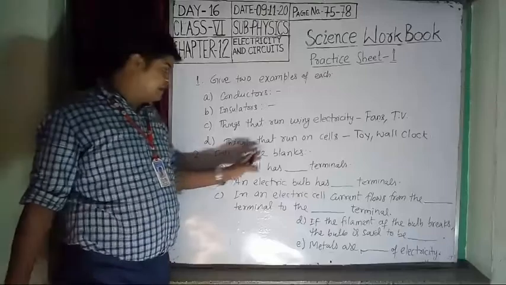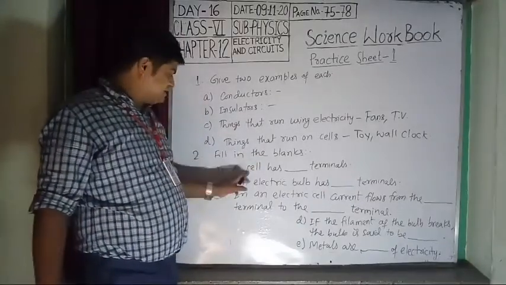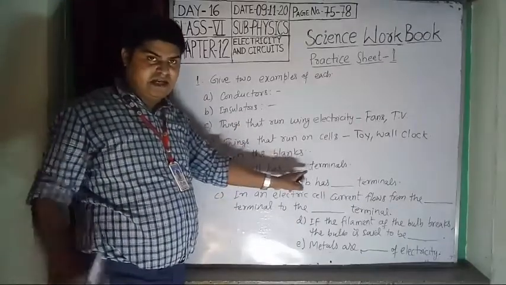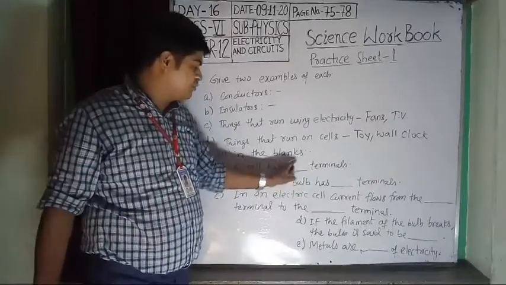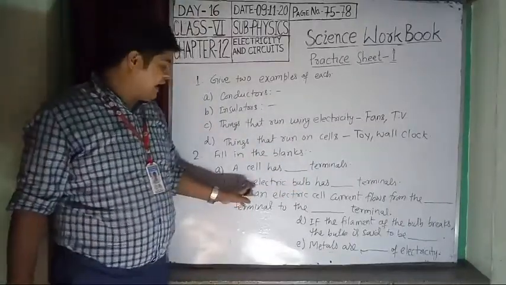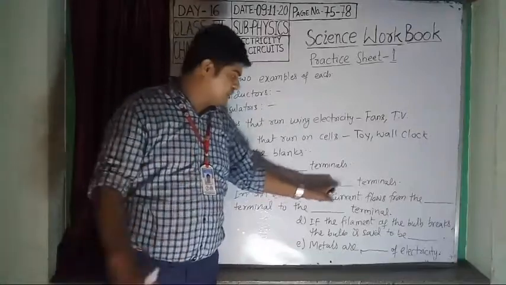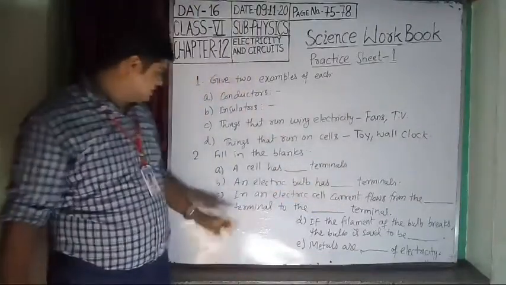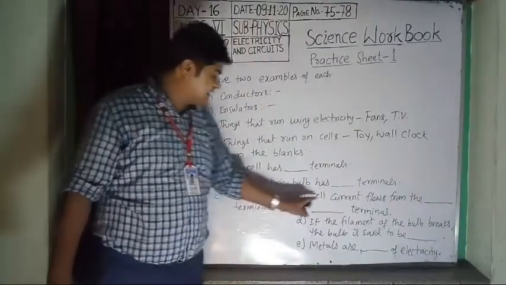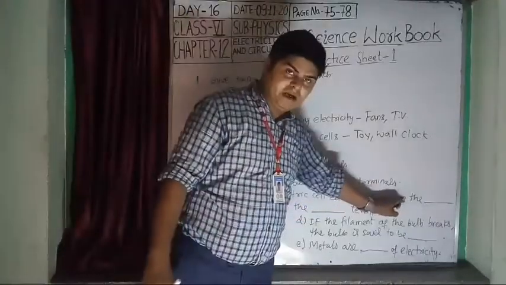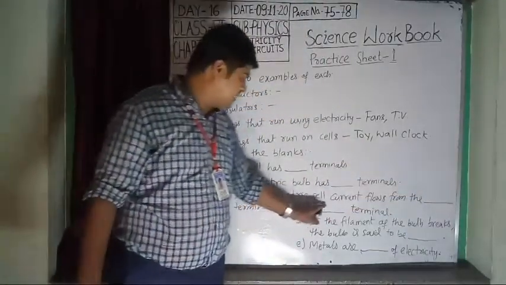Now question number 2, fill in the blanks. A, a cell has two terminals. I have told you two terminals, so you will put two terminals here. B, an electric bulb has also two terminals. C, in an electrical cell, current flows from the positive terminal to the negative terminal.